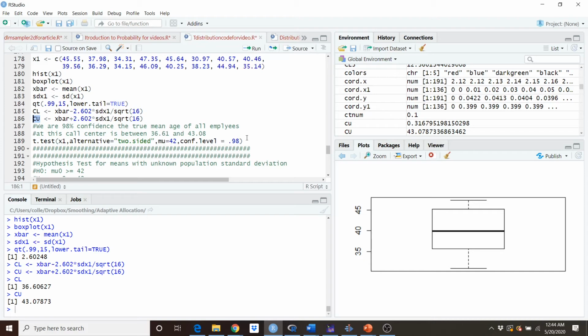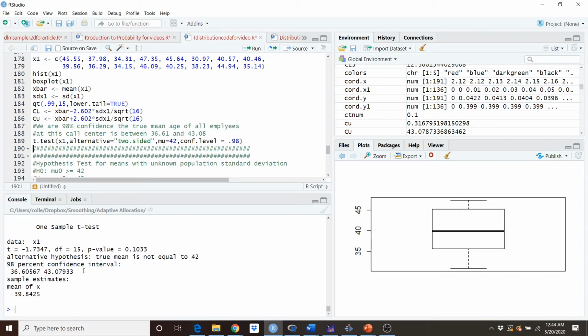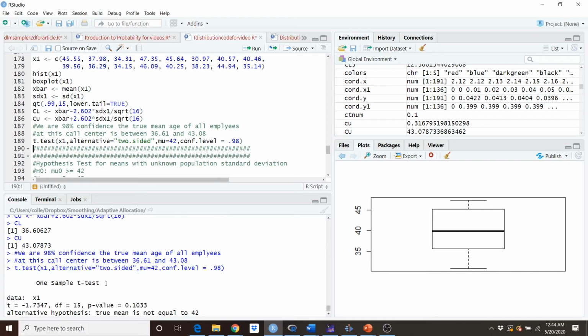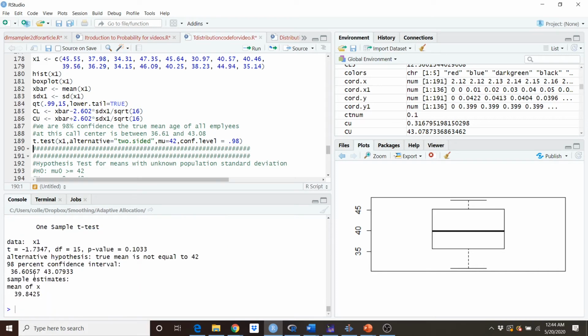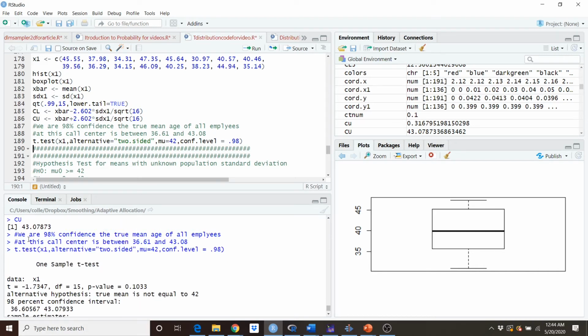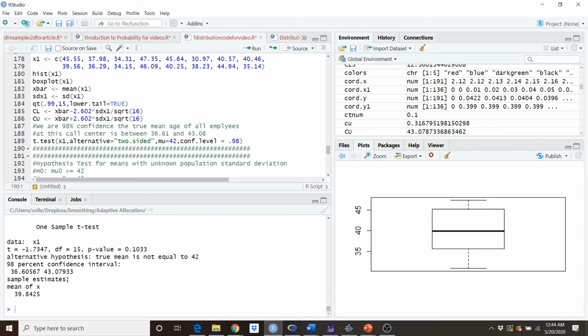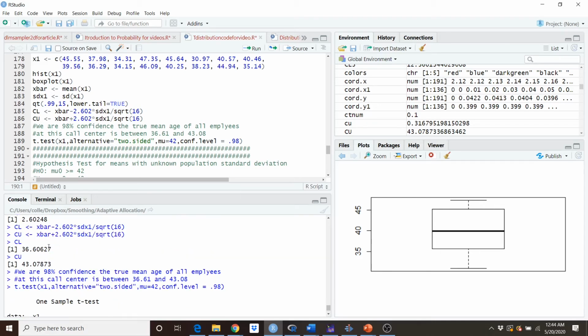If I run this, notice what I get: a 98% confidence interval of 36.60567 to 43.07933, versus 36.60627 and 43.07873 from before. It's just a little bit off because we rounded our confidence level value.